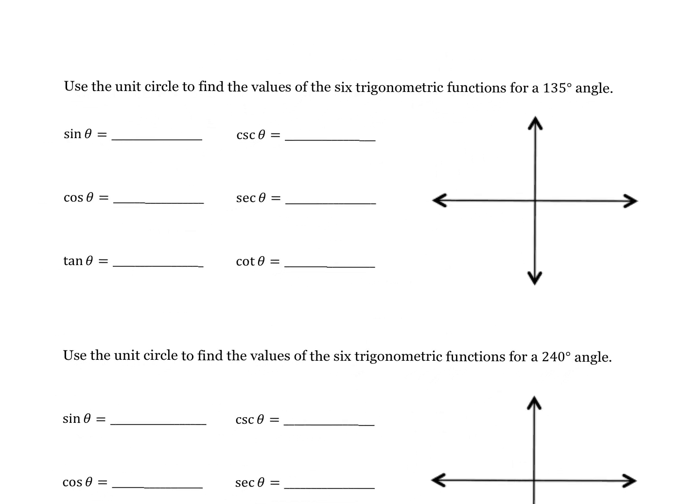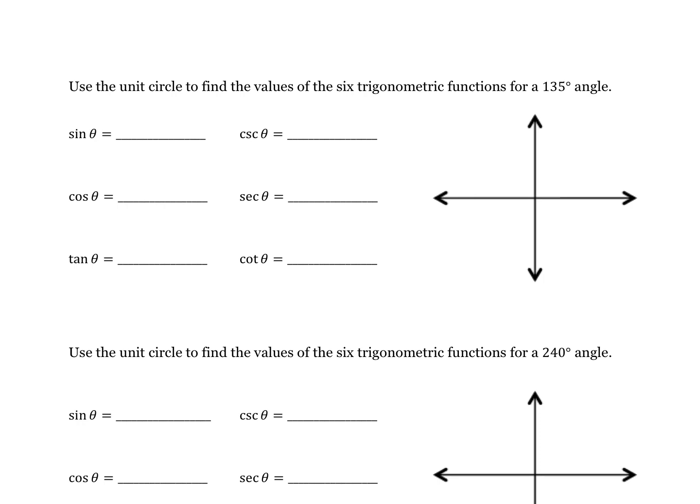Where's 135 degrees? Second quadrant, 135. You guys, 135 is going to be somewhere like that, right? That's 135. What we got to do, all of these are based on reference angles. I need this triangle then. And what would this angle be of this triangle? 45 degrees.